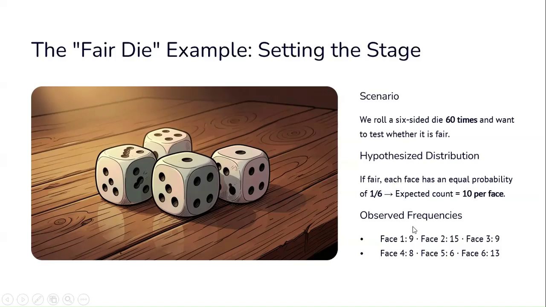So the expected frequency for each face is 60 multiplied by 1/6, which equals 10. However, our observed frequencies are slightly different: 9, 15, 9, 8, 6, 13. Now the question is, are these differences simply due to random variation, or is the die actually unfair?